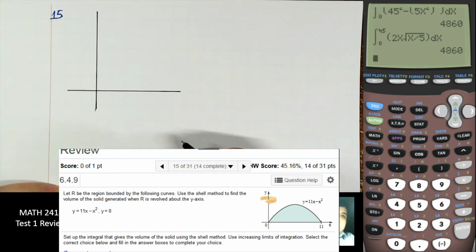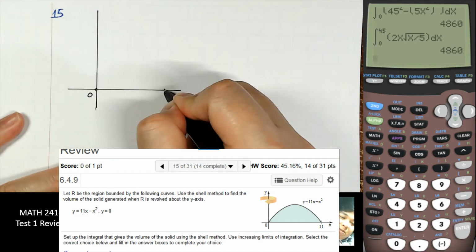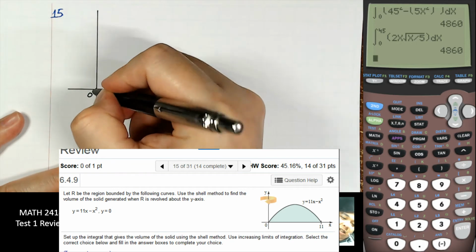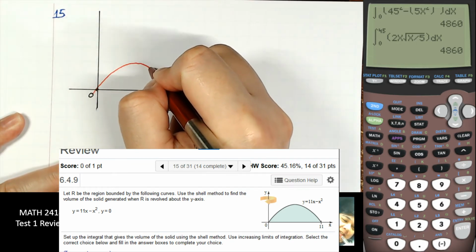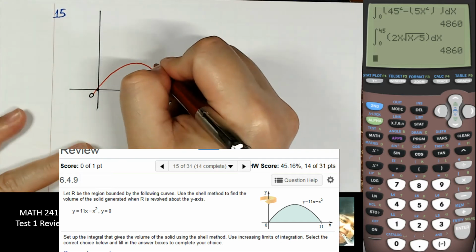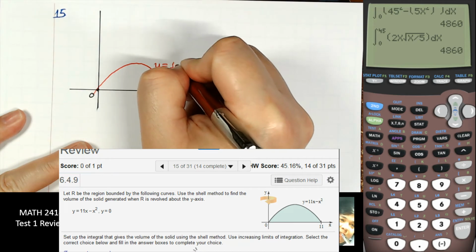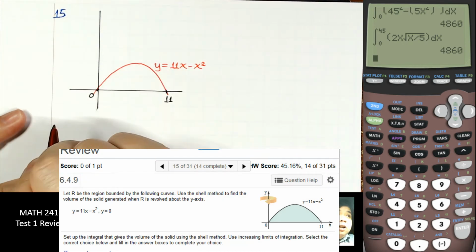Right, it's nice enough. It gives us the intersection 11. Right, close enough. All right.